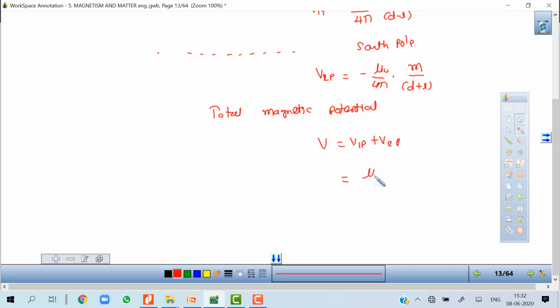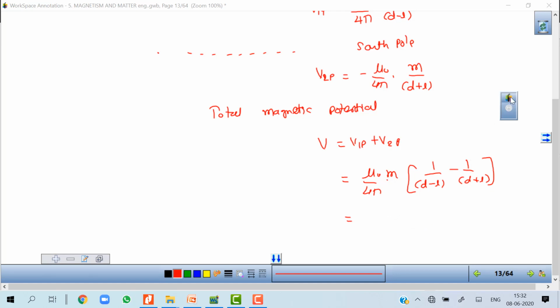So we get mu 0 upon 4 pi, small m is common, 1 upon D minus L minus 1 upon D plus L. Now we use mathematics, and we get mu 0 upon 4 pi m.